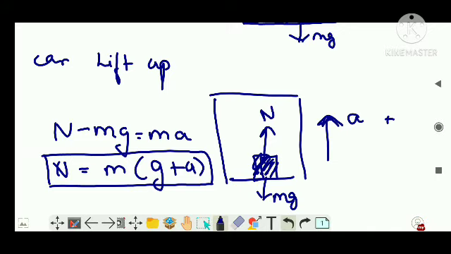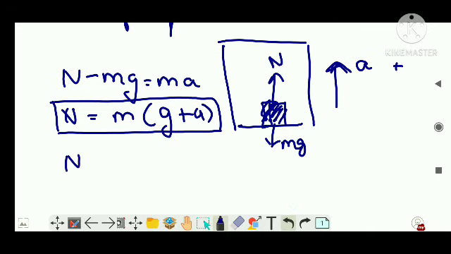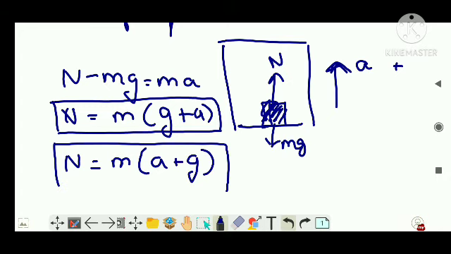or you can even write it in this form, just rearranged, as N is equal to m into (a plus g). Clear? See, what is the normal reaction? Suppose you have a measuring gauge here to measure the weight.